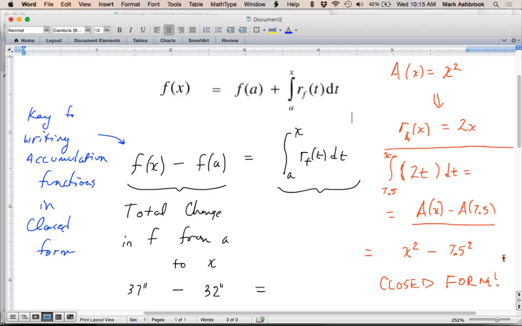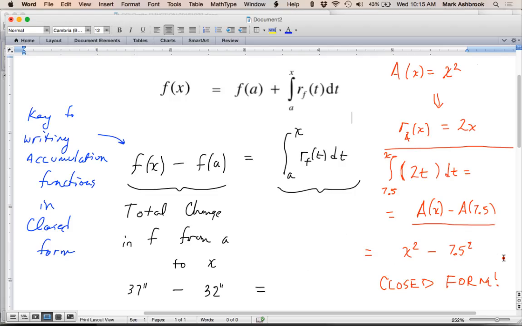Okay, so now it's like we're starting with a square that has side length 7.5 and area 7.5 squared, and this function is going to calculate what? The change in area. The change in area starting from a square that's 7.5 side length or 7.5 squared area.